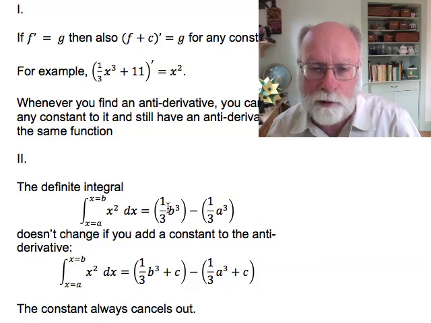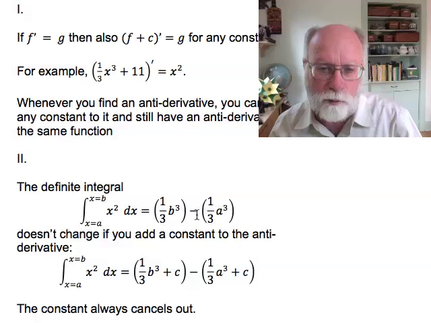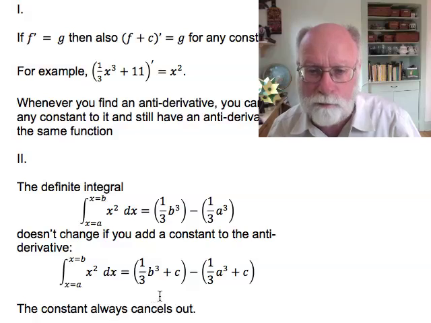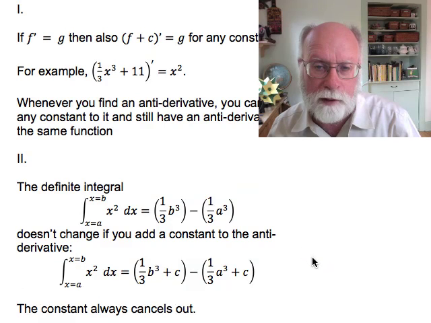So we take the value at the top limit and we subtract the value at the lower limit. And this doesn't change if you add a constant, because if you were to add a constant to the antiderivative, you would be adding it in the first term, but because of the minus, you'd really be subtracting it the second time. So the constants cancel out, and so adding a constant to your antiderivative will not change the value of any definite integral.